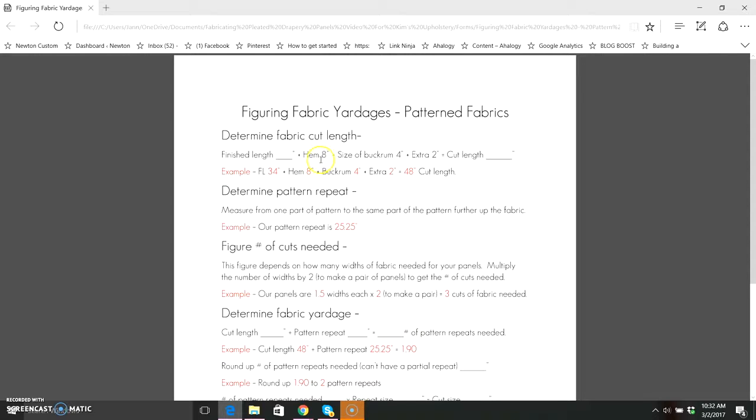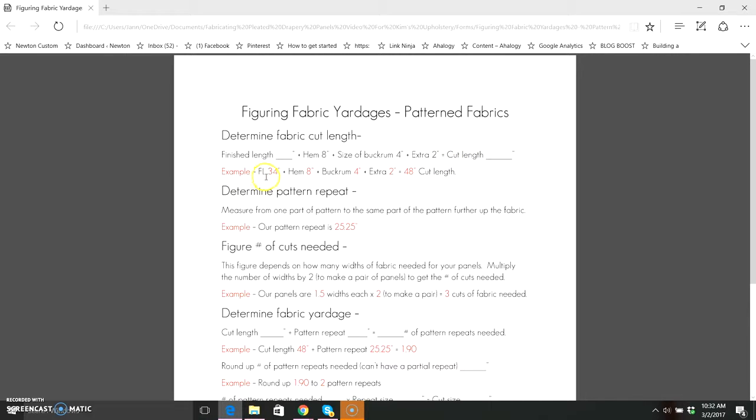Mine is usually 8 inches because I like to do a double 4-inch hem at the bottom of my drapery panels. You would add in the size of buckram. Mine is usually 4 inches. Yours might be 2 inches. It might be 6 inches. And then you would also add in an extra 2 inches just so you have a little extra fabric. The total of that is your cut length.